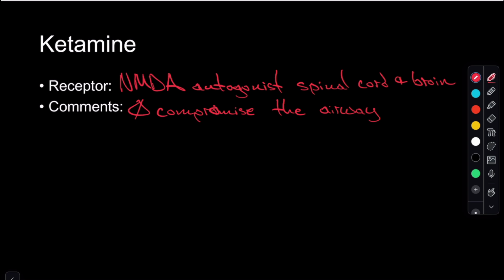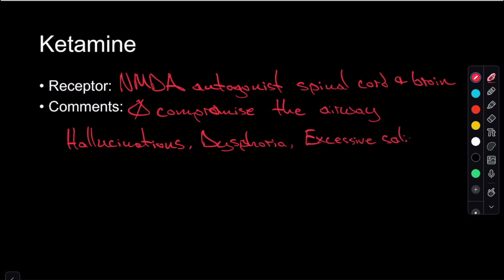And then some of the major side effects of ketamine include hallucinations or vivid dreams, a feeling of dysphoria, which is going to be the opposite of euphoria, so just feeling uncomfortable, and then excessive salivation, which is important if you're trying to intubate a patient and then they have excess secretions in their mouth. The hallucinations can be mitigated by administering a benzodiazepine like midazolam beforehand.